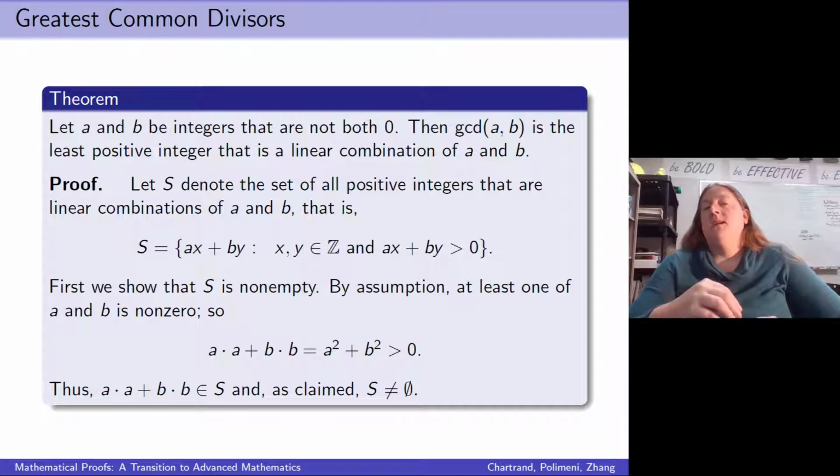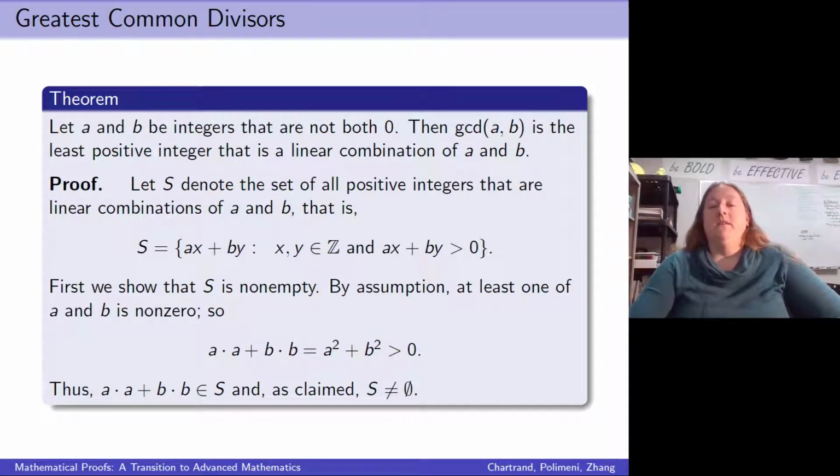Since a and b, one of them is not equal to 0, we know that a times a, which equals a squared, added to b times b, which equals b squared, so a squared plus b squared, is going to be greater than 0. It may be that a is 0, which will make a squared 0, but b still has to be non-zero, making b squared greater than 0.